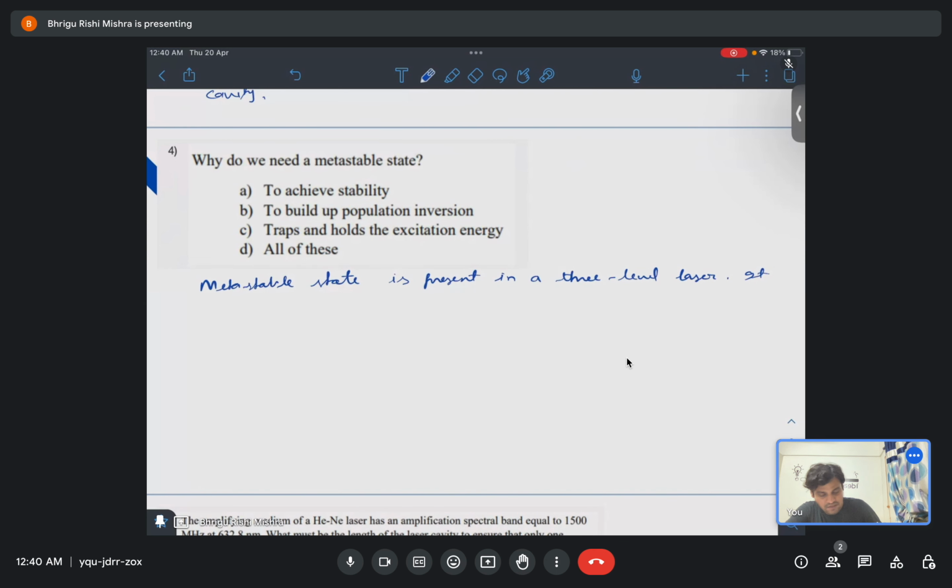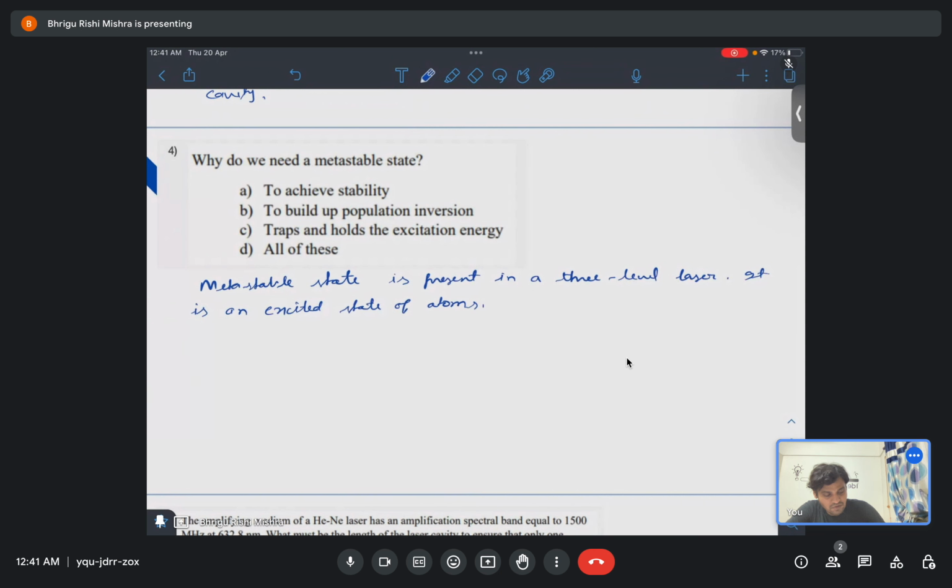So what is a metastable state? It is an excited state of an atom. Okay, what kind of excited state?